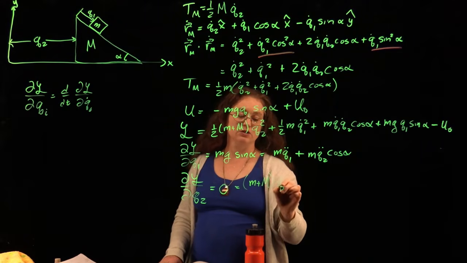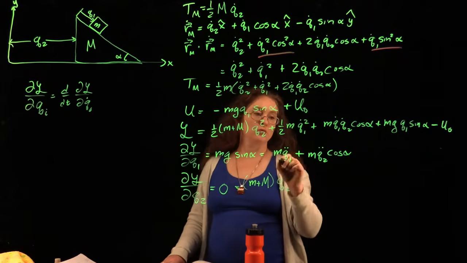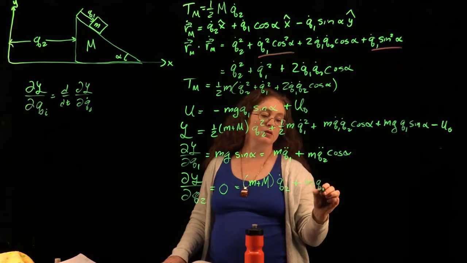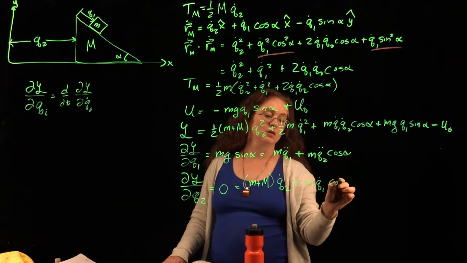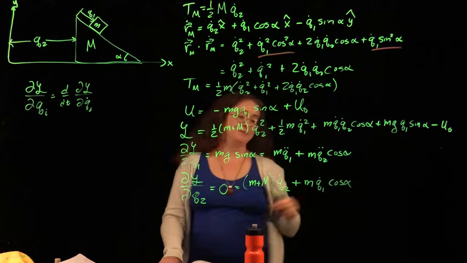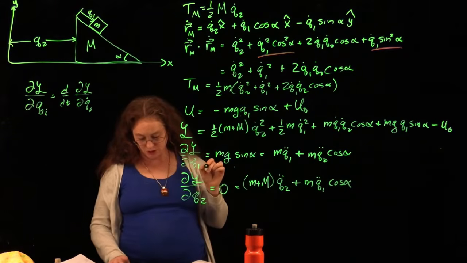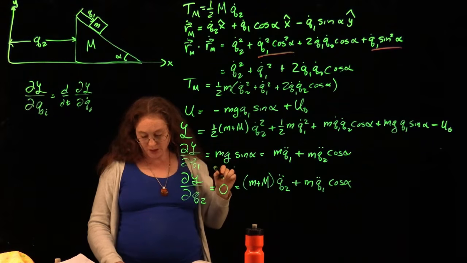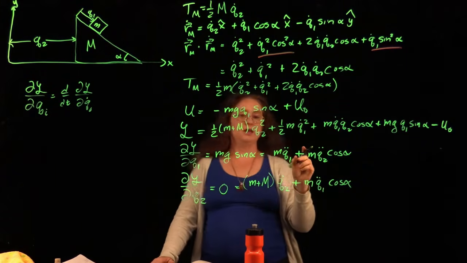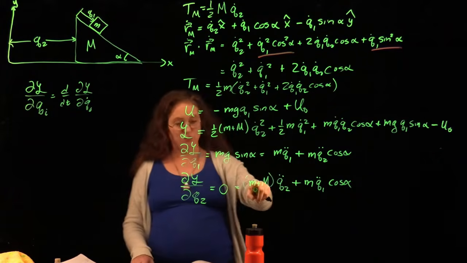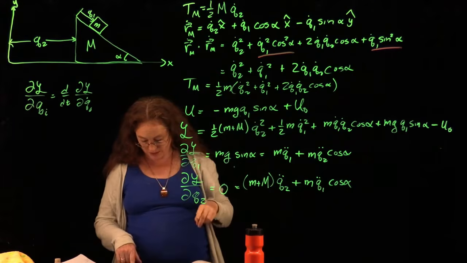I'm going to write just the derivative with respect to q2 dot, and then I'm going to come back and take the second derivative. All right, and when I take the second derivative, I just add a dot on each of those q dots. So I have M plus m q2 double dot.